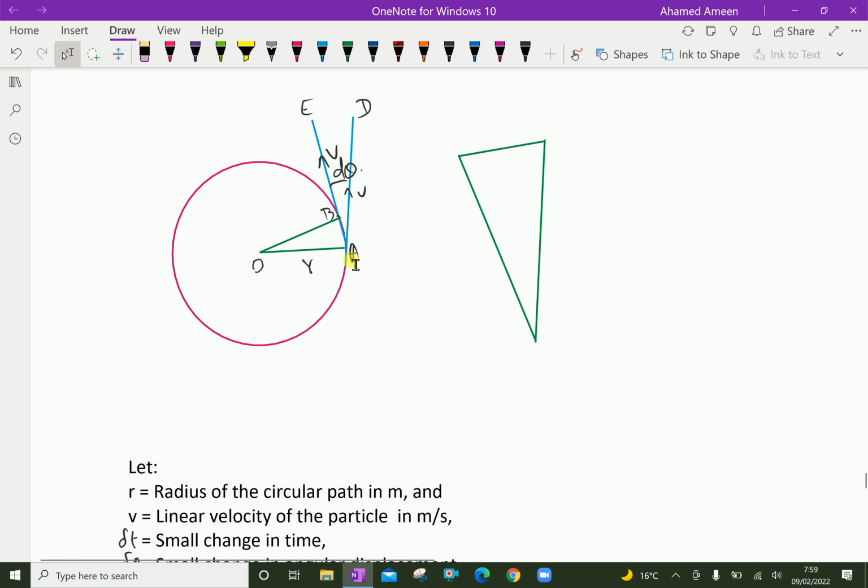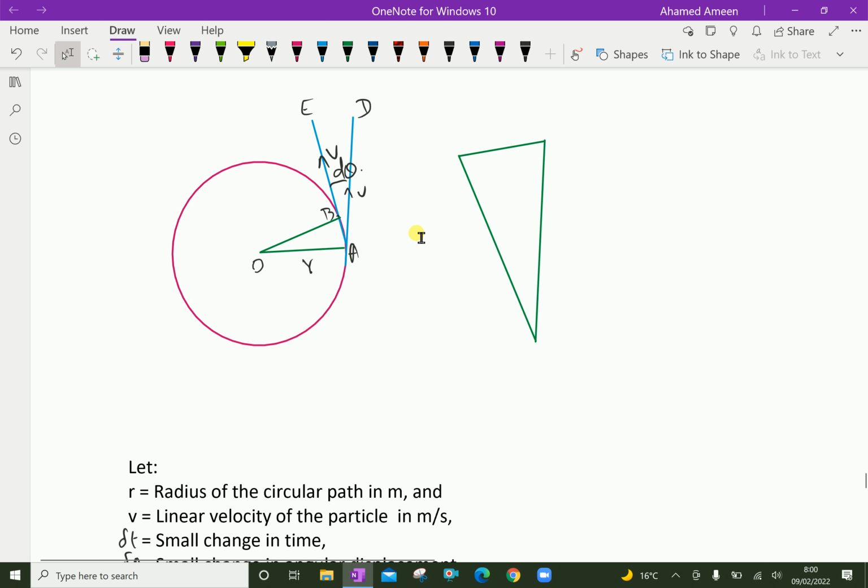Now consider an instant when point A is the position of the particle. After a small interval of time delta T, let the position change from A to B. When the body is at A, its linear velocity is V, and similarly, when the body is at B, its linear velocity is again V, since the magnitude is not changing.